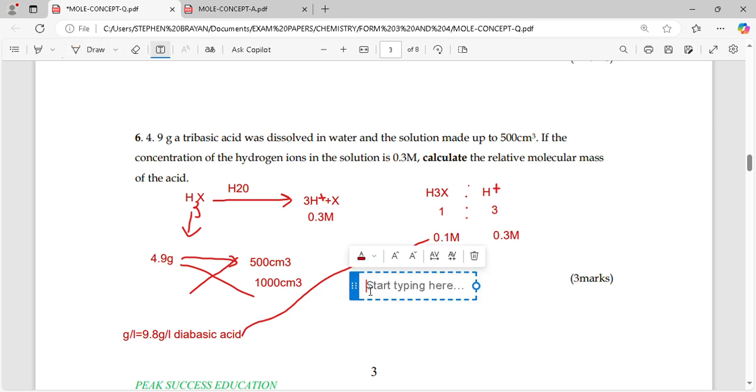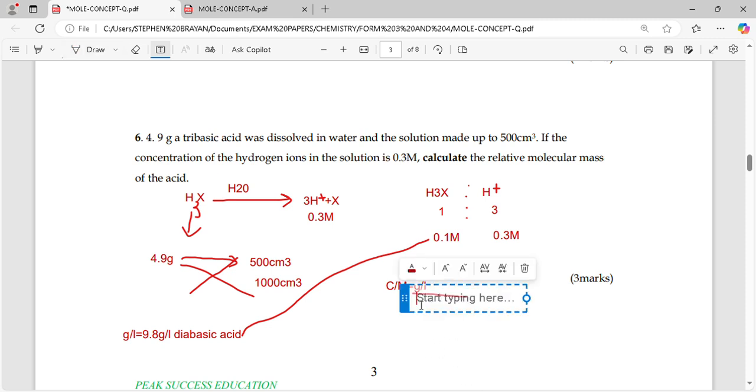For us, we usually say concentration or molarity is equal to grams per liter over the RFM. So in this case, we want the RFM, the relative molecular mass. So what you simply do is cross multiply these two.